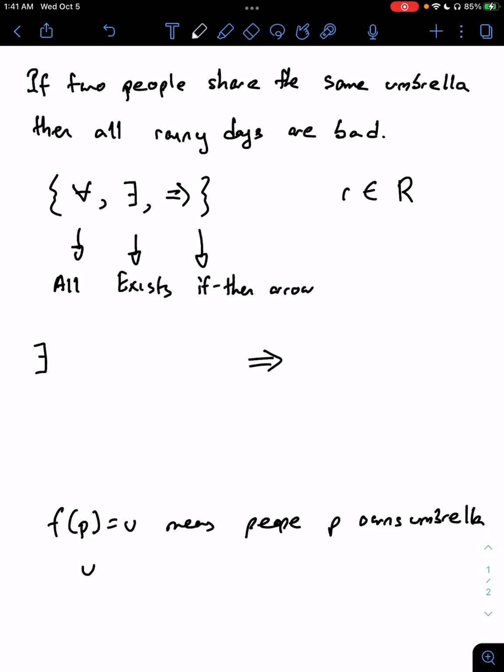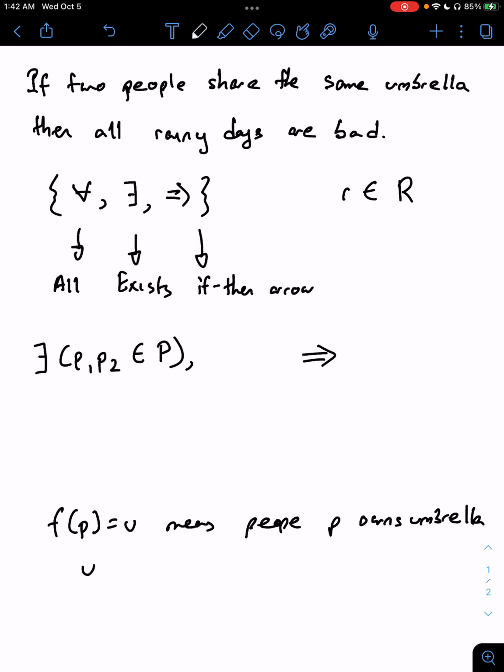So exists P1, P2 in set P just makes it so that they exist. You're not pulling people out of thin air, I guess. And after you have that, you have to have a comma or a period.